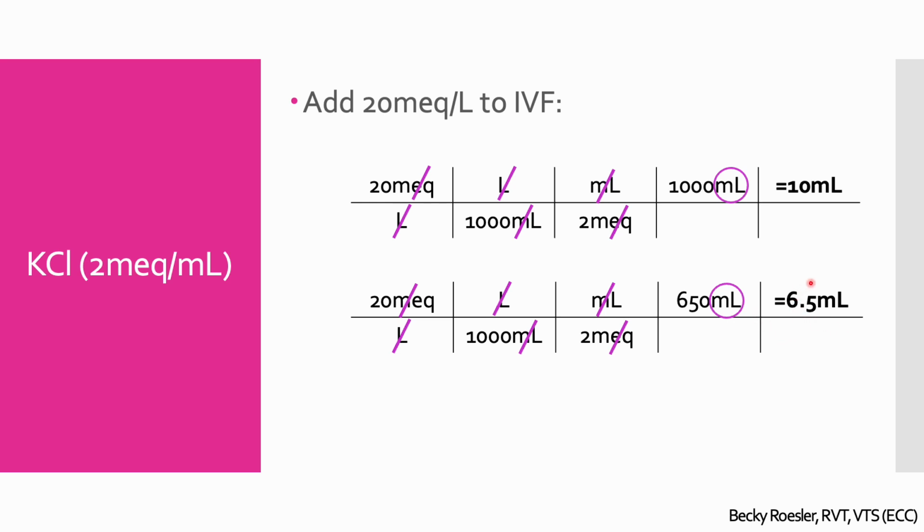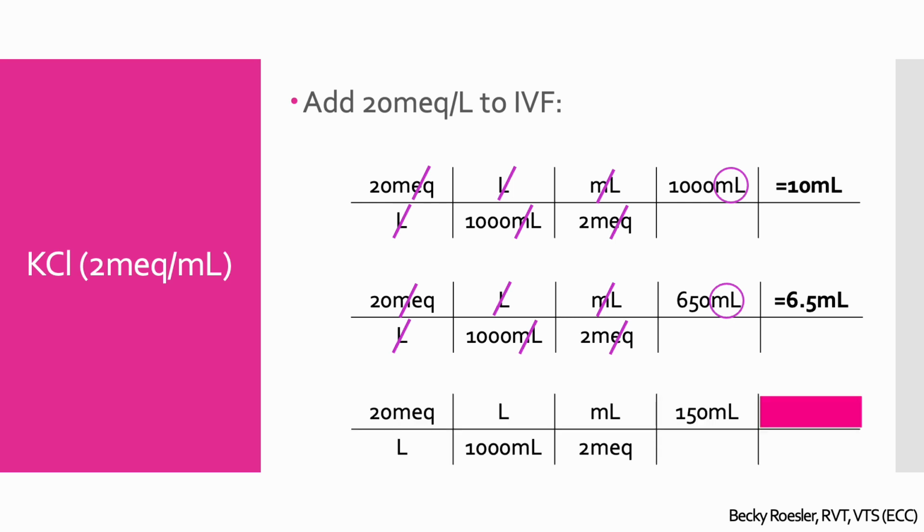If I got an answer of, let's say, 50 mils, and I already knew that it only took 10 mils to fill the liter to 20 milliequivalents per liter, that should trigger something in my mind saying, I perhaps typed something into my calculator wrong. This answer doesn't seem correct, and I should redo my problem.